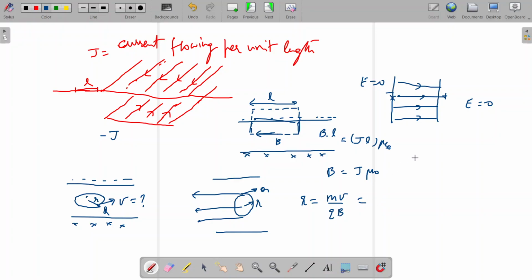This came from the formula that mv square by r, the centripetal force, is provided by the magnetic force qvB. So after solving this, we can easily get this, and just substituting the value, we'll get this.